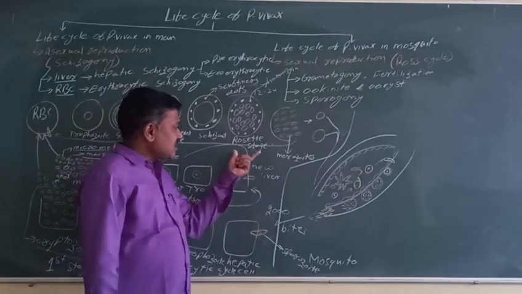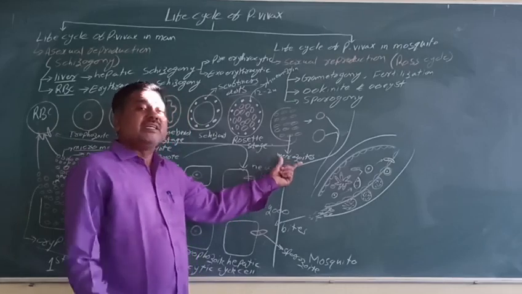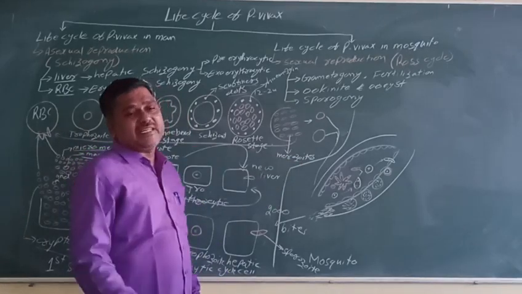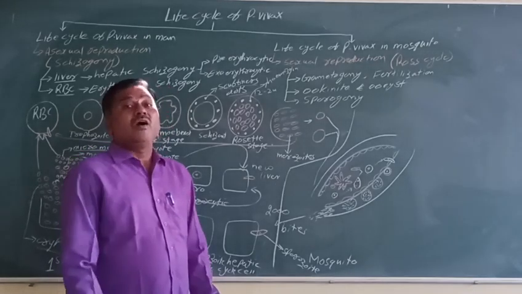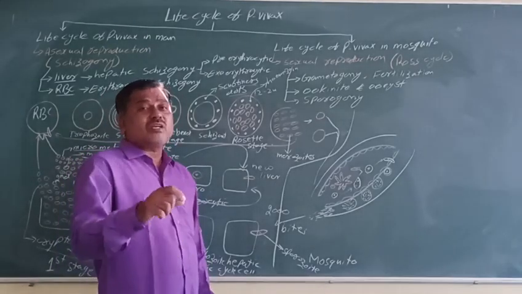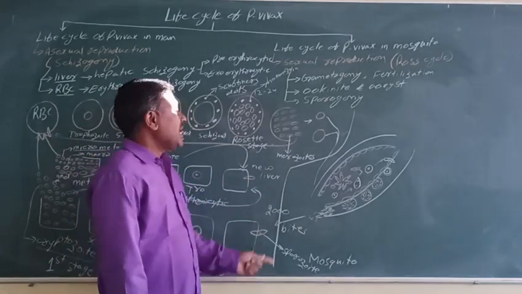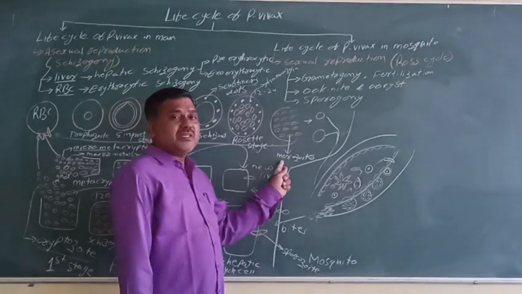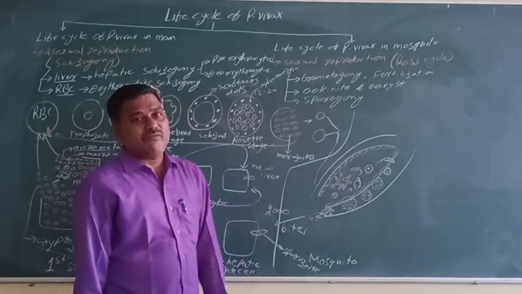Some of the merozoites enter into the spleen or bone marrow, and in that place they enter the RBCs and do not develop merozoites, but start developing gametocytes.